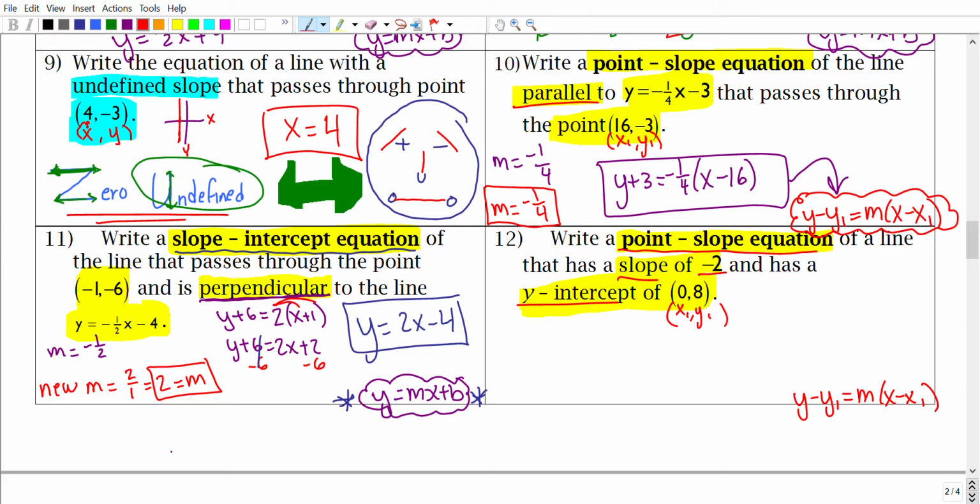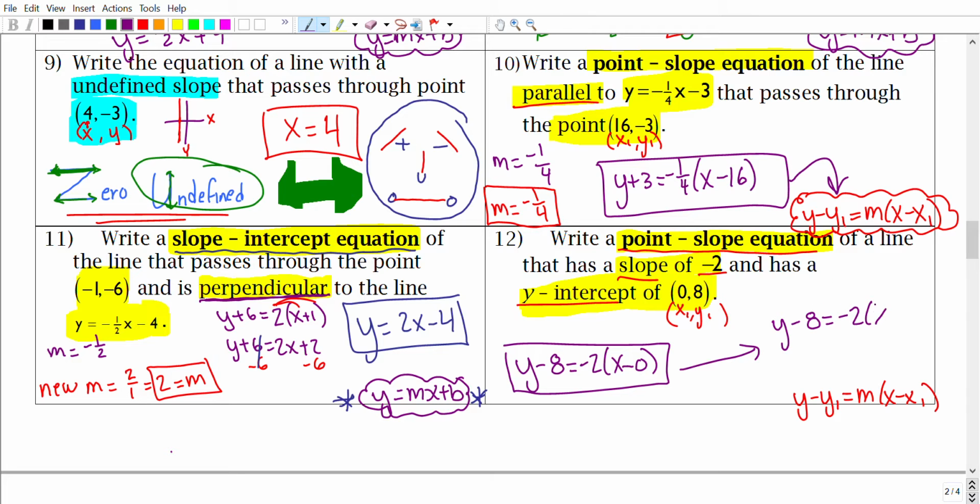Okay? So we have all the information we need: a slope of negative 2, an x1, and a y1. So all we have to do is y minus y1, which is 8, my m is negative 2, and then x minus 0. And remember, if you leave it like this, that's totally fine. I don't like leaving that minus 0 because if you subtract 0, you're not subtracting anything.